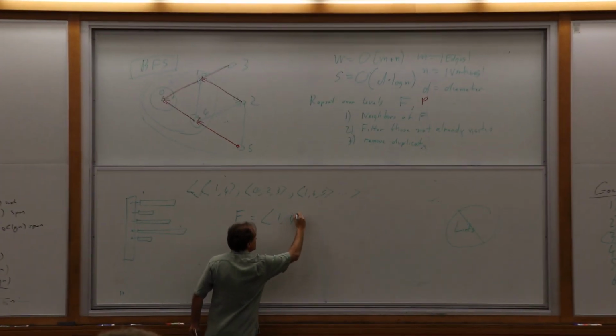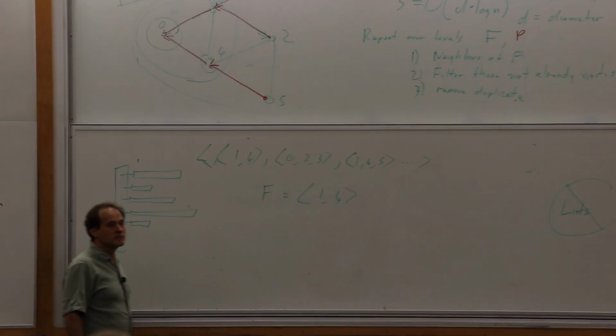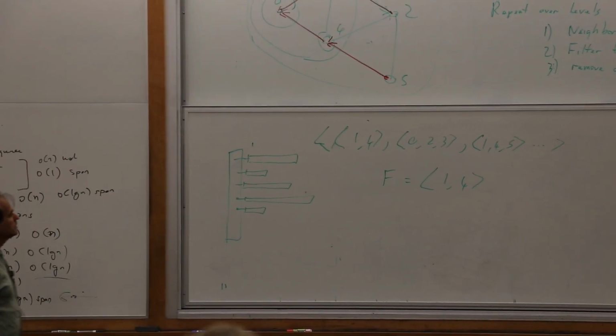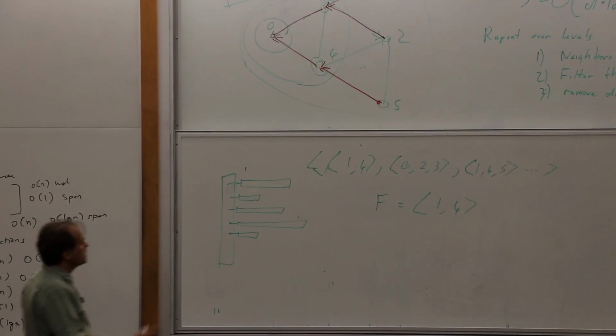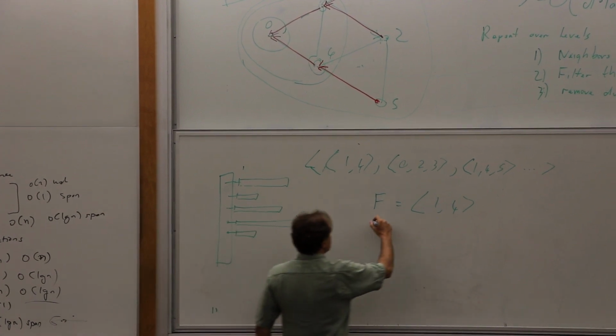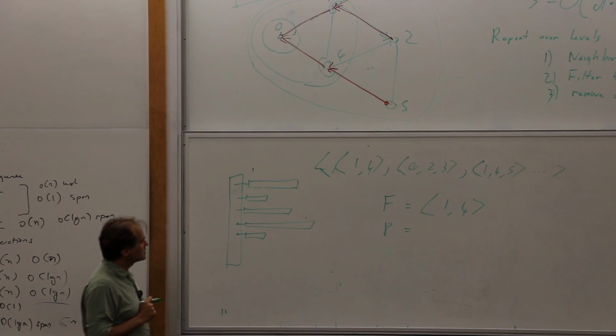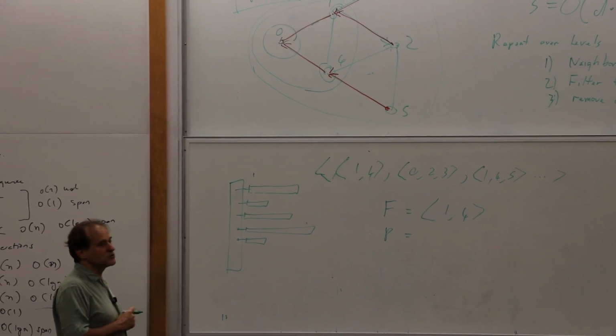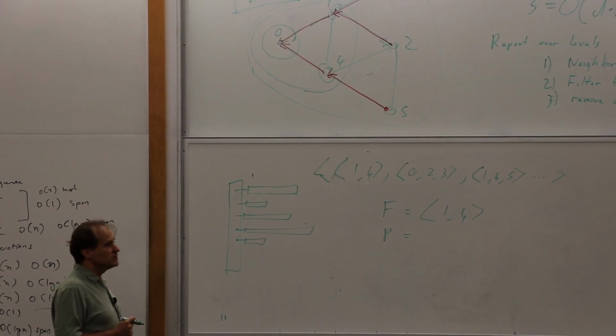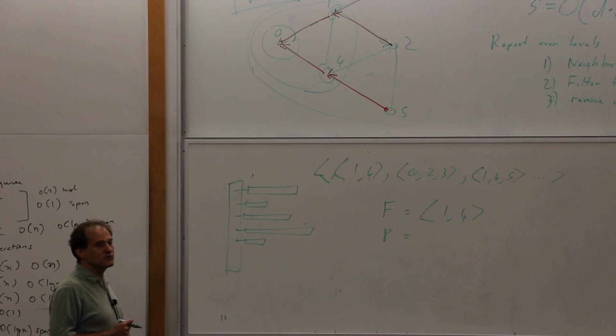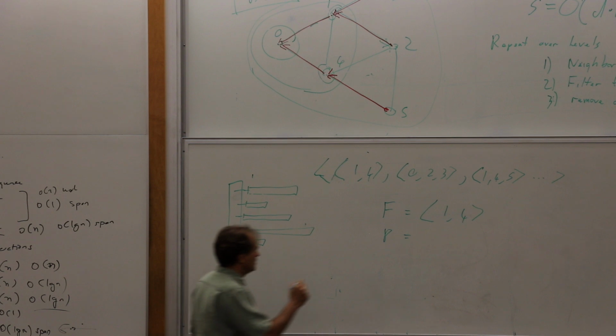So I'm going to keep the frontier as a sequence. Okay? And then I'm also going to have a parent array. Okay, and let's say I initialized it to, probably the cleanest thing to do is initialize it to all nones. But I'm going to use a hacky thing, and I'm going to put -1s just so I don't have to write the 4 letters N-O-N-E over and over again.